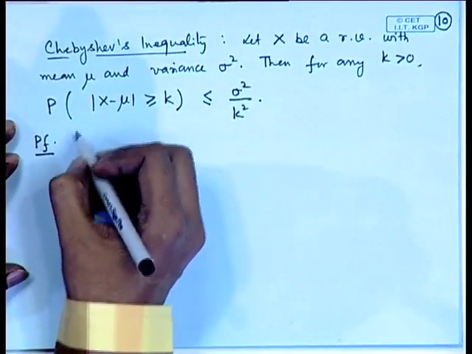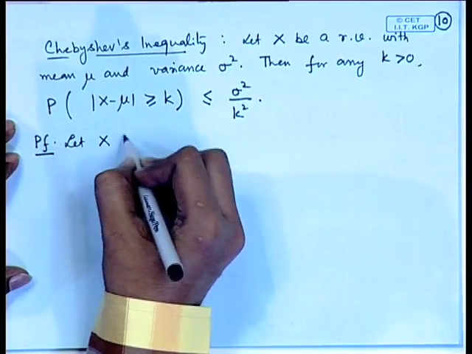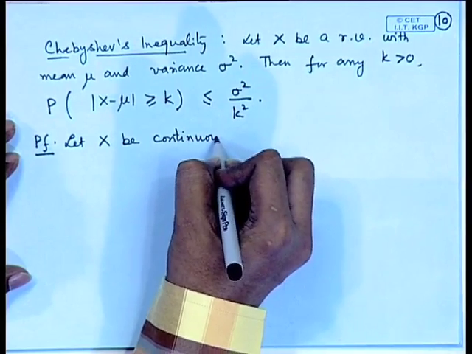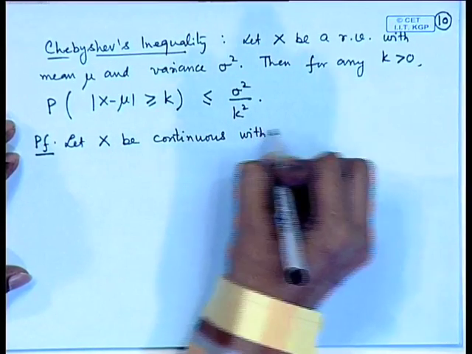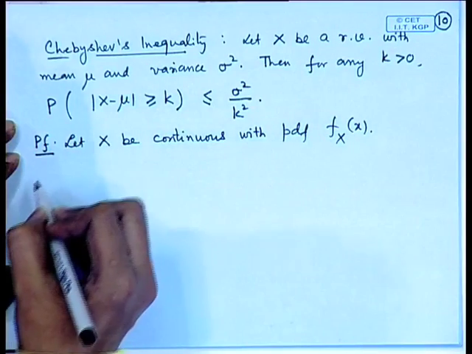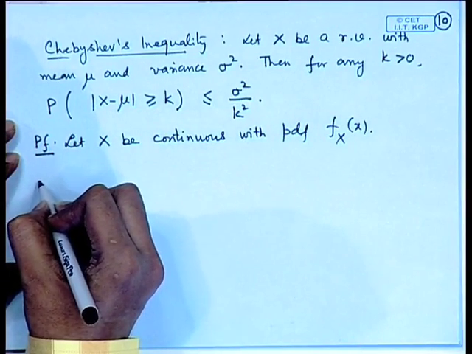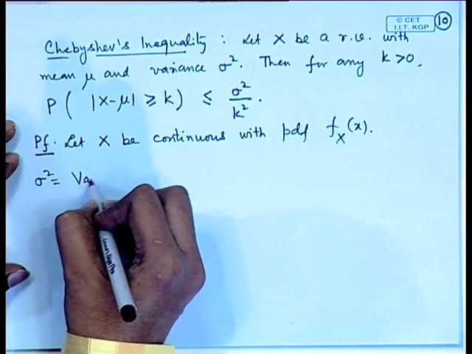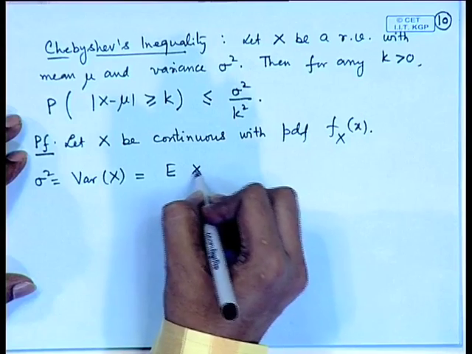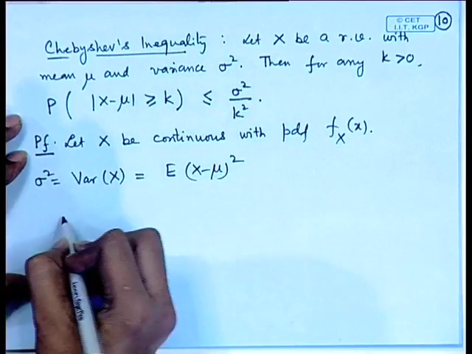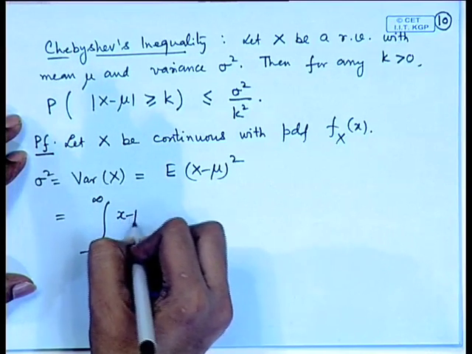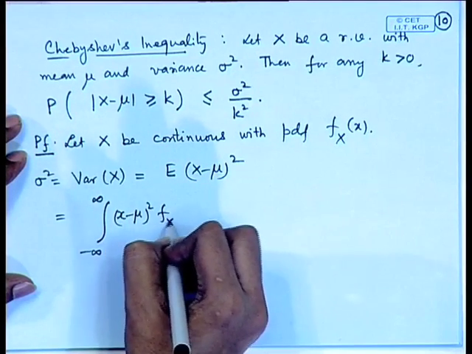To prove this, let us consider x to be continuous with a certain PDF f x. Let us consider the expression for variance. This is equal to expectation of x minus mu square, which is equal to the integral of x minus mu square f x dx.